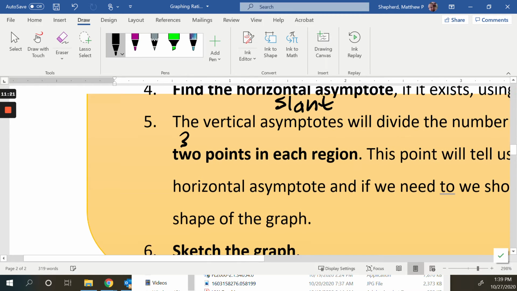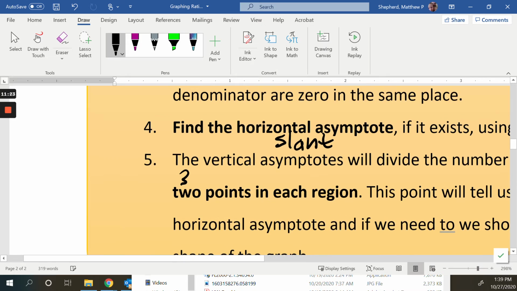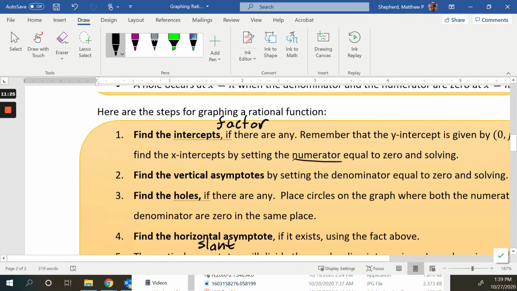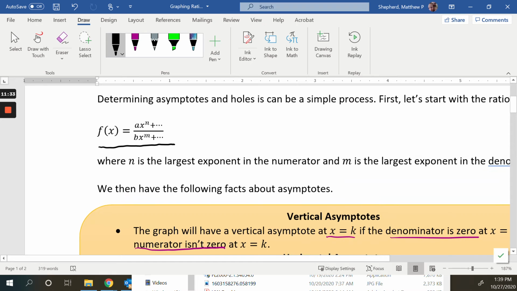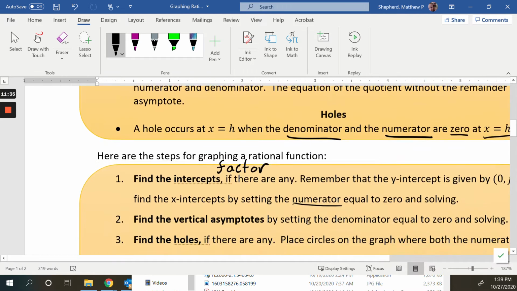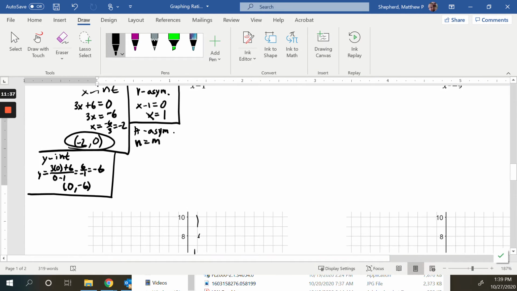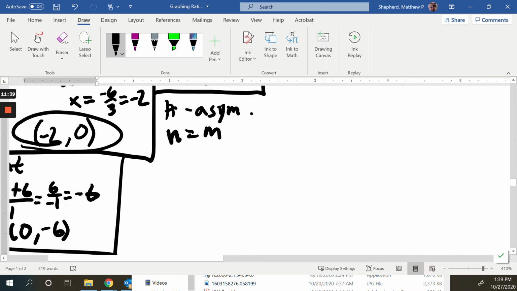So if we go back to our notes up here, we see that if n equals m, that means the line y equals a over b will be the horizontal asymptote. That's how we find a and b. So I'm going to have y equal to my a over my b.